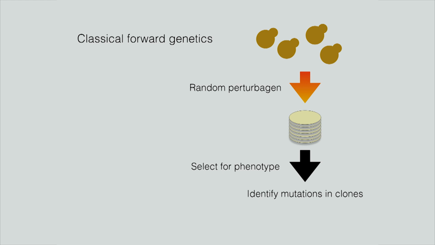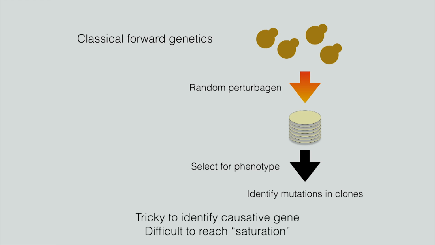But at the same time, it's really limiting at this point, because, as Jonathan mentioned, you actually have to go and identify the gene. It's random mutations across the genome. You need to actually go and clone the causative gene. And then, of course, if you're going at random, especially in a diploid genome, you're never really going to reach saturation.